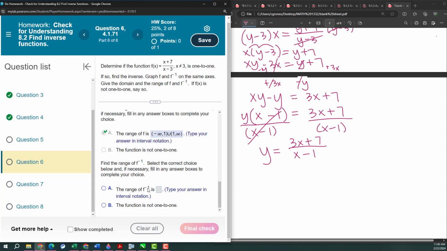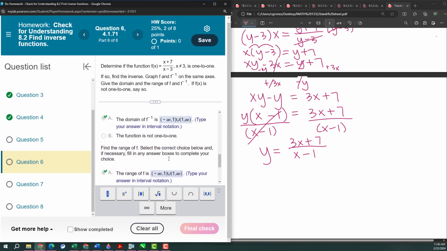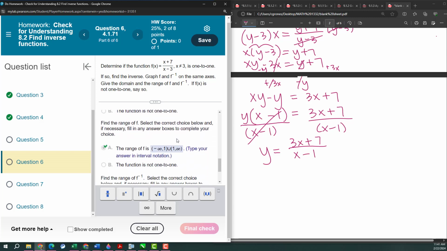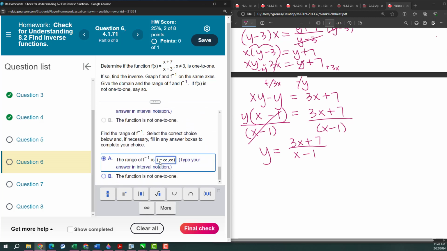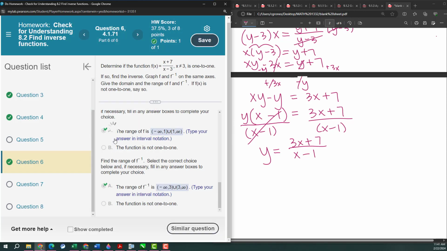And then the range of our inverse is going to equal the domain of our function, which is negative infinity to 3, and then 3 to positive infinity. All right, so there is a question like that.